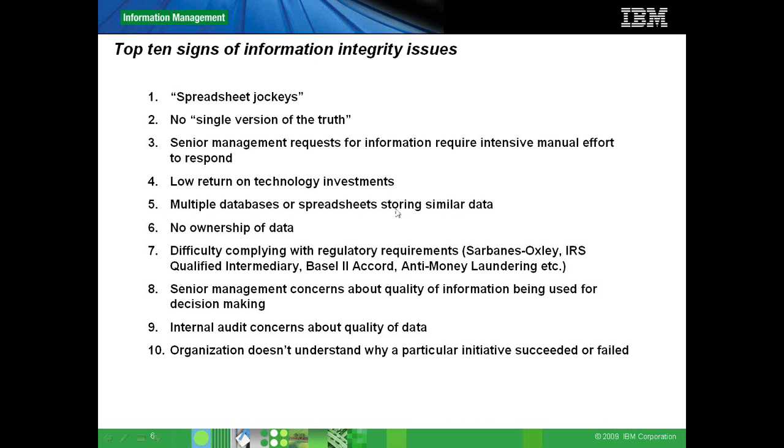This slide shows you some of the top signs why you need an MDM solution. More often than not, the need for MDM arises because of bad data quality or data integrity issues your company has. If your organization is full of spreadsheet jockeys and there are multiple databases in your organization storing the same master data, you need MDM, right? Low ownership, for example, is another strong candidate for going to MDM.